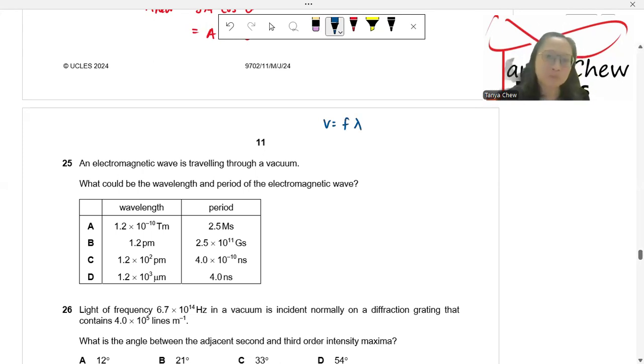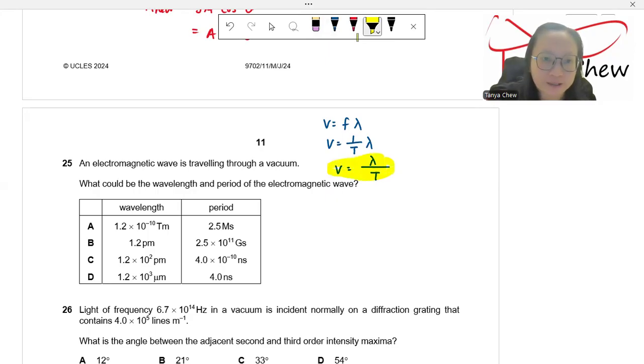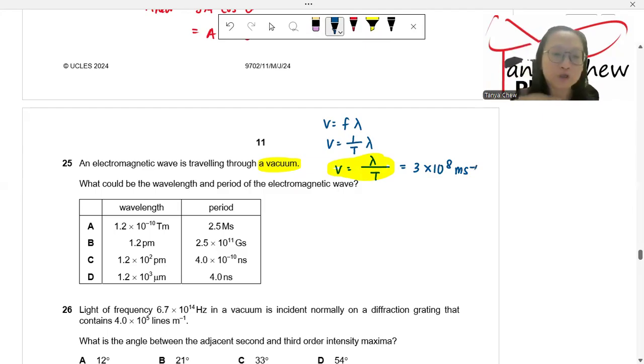Now, f is 1 over the period, so v is equal to lambda over T. Can you see? I get a relationship between wavelength and period. Because this electromagnetic wave travels through vacuum, the speed of all electromagnetic waves in vacuum as well as in air must be equal to 3 times 10 to the power 8 meters per second. Remember that? That is why we are going to do this one by one.